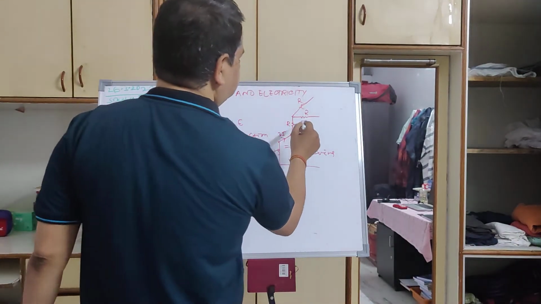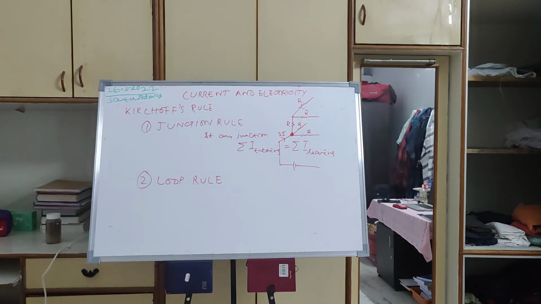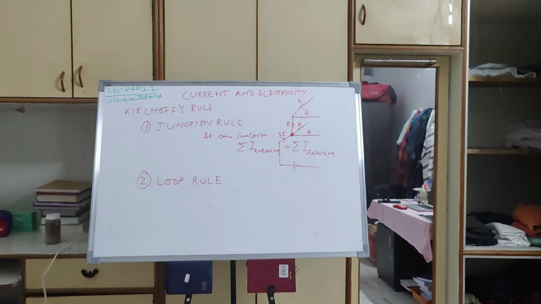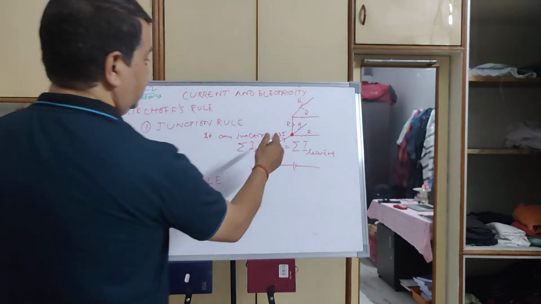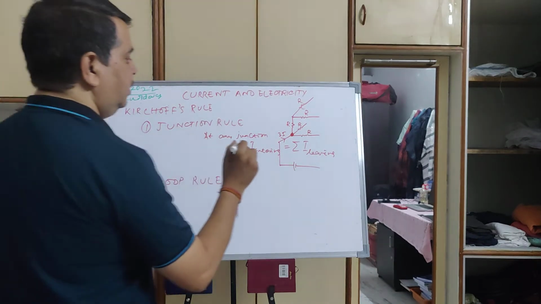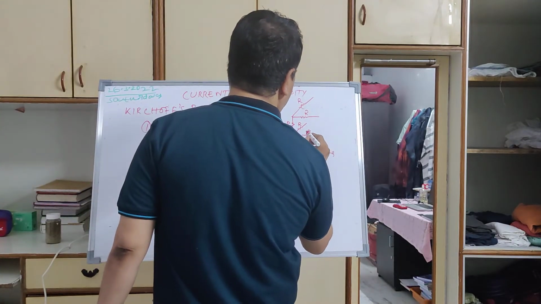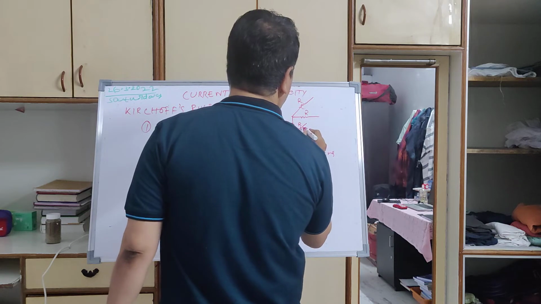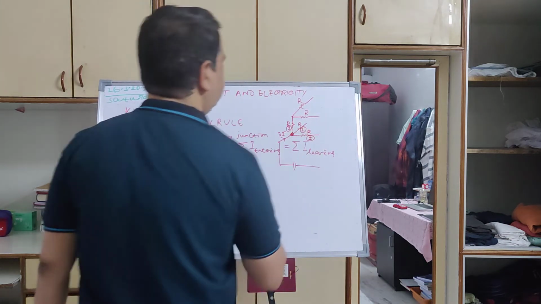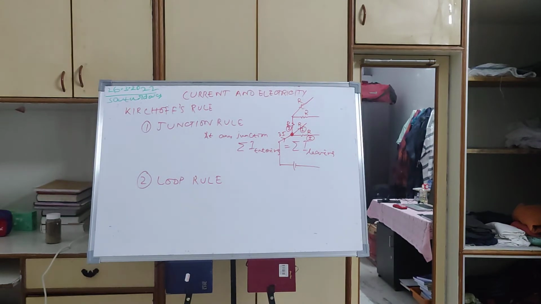If the three resistances are equal, it will get divided equally. But if the resistances are different, it will not get divided equally. Higher resistance means less current. But in this case, they are all equal, so 3I will get divided into I, I, and I.